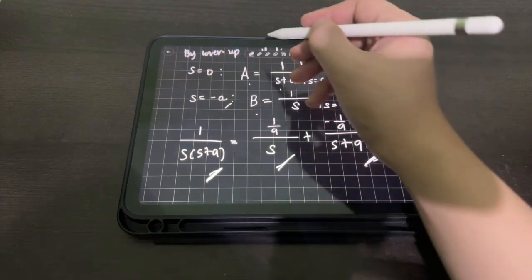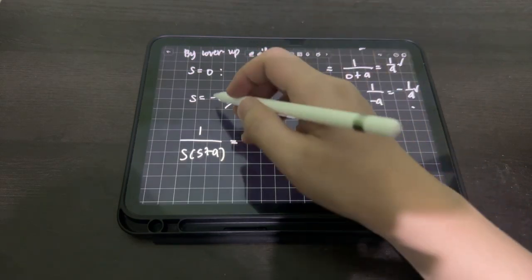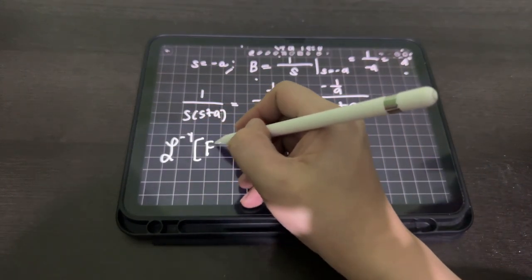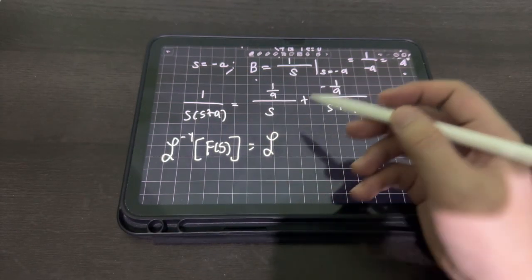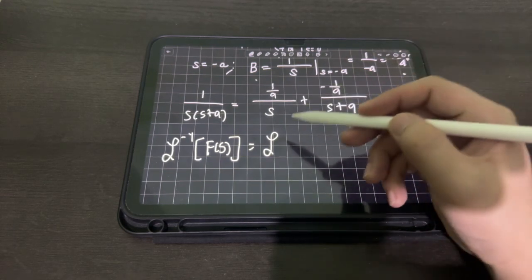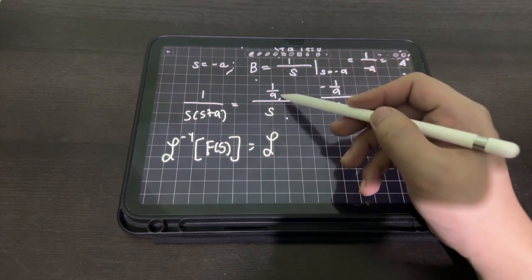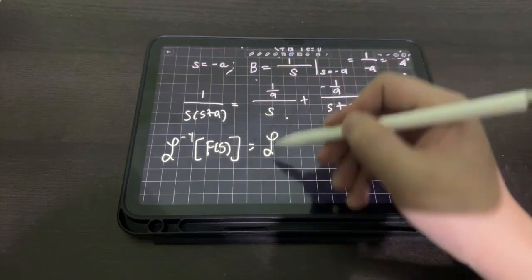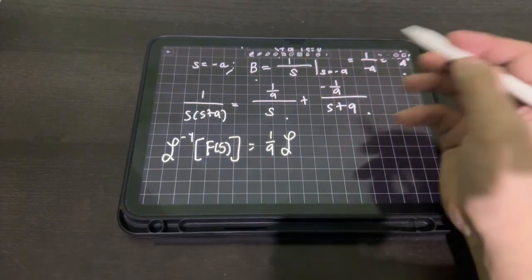Applying the linearity property, the inverse Laplace transform of F of S is just the inverse Laplace transform of each term. For the first term, 1 over a is a constant, so we can just put it in front of the inverse Laplace operator.